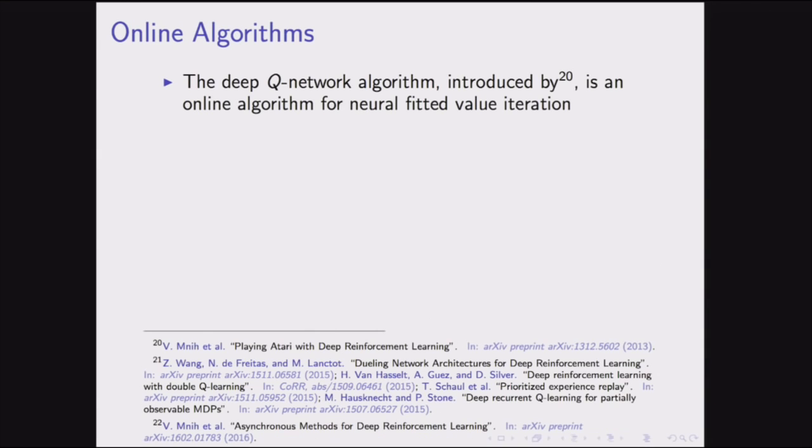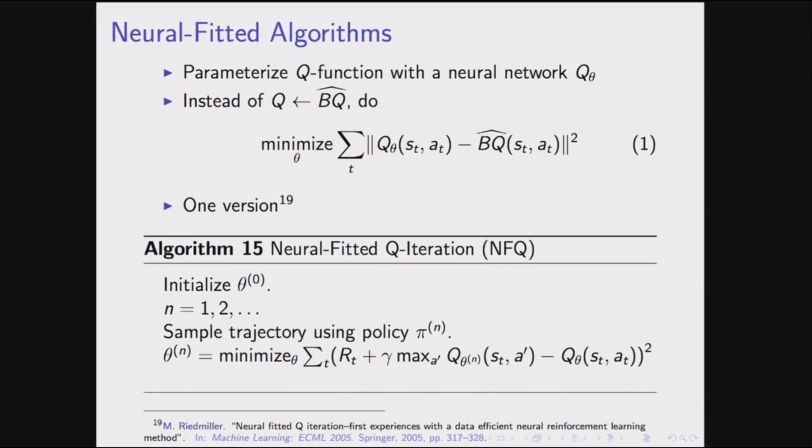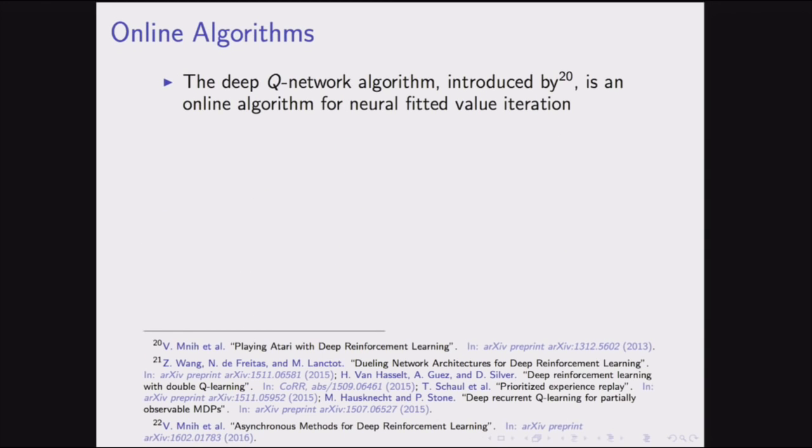Okay, so neural fitted Q iteration is a very basic way of doing this. A more recent algorithm that's gotten a lot of attention is the one from Mnih et al. from DeepMind, which is basically an online version of this algorithm with a couple of useful tweaks in it.